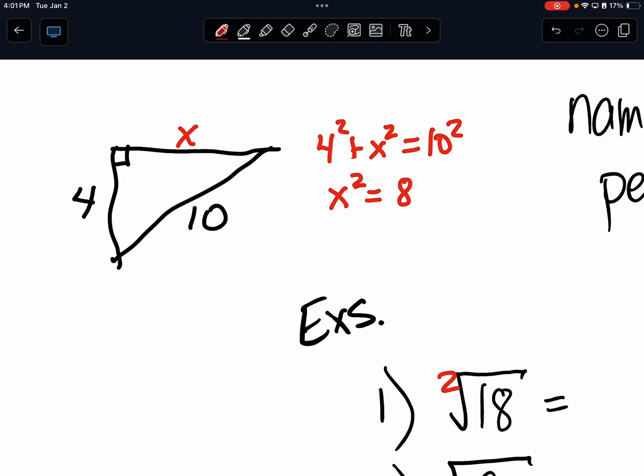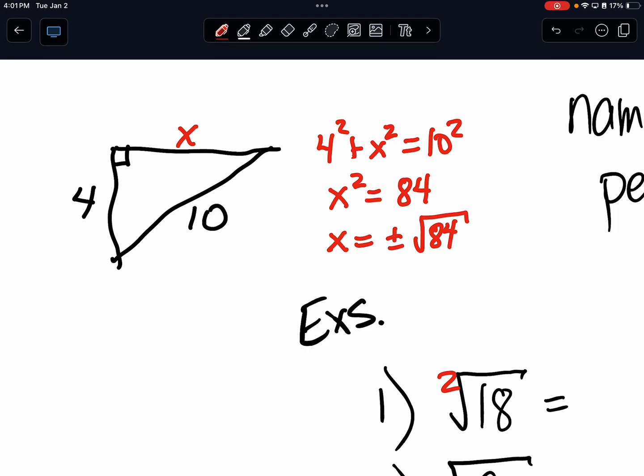Now you should be able to square the 10, square the 4, subtract the 16 from both sides, and you'll end up with x squared needing to be 84. So this results in the fact that x needs to be positive or negative square root of 84.